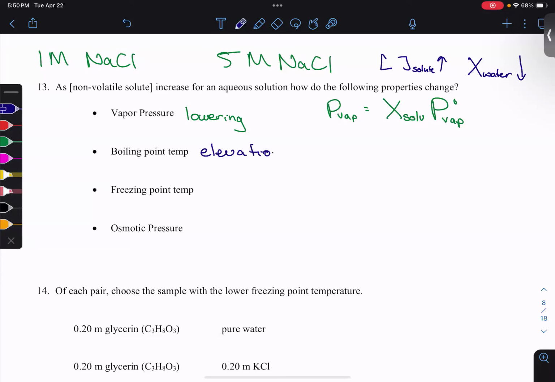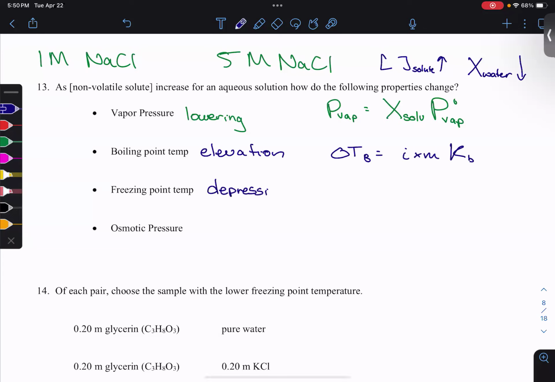And the reason is because of the equation, delta TB equals i times m times KB, so the amount of particles in your solution, taking into account strong electrolytes and the van 't Hoff factor, and KB, which is a constant. Then what do we call freezing point temp? Depression, yes, freezing point depression.